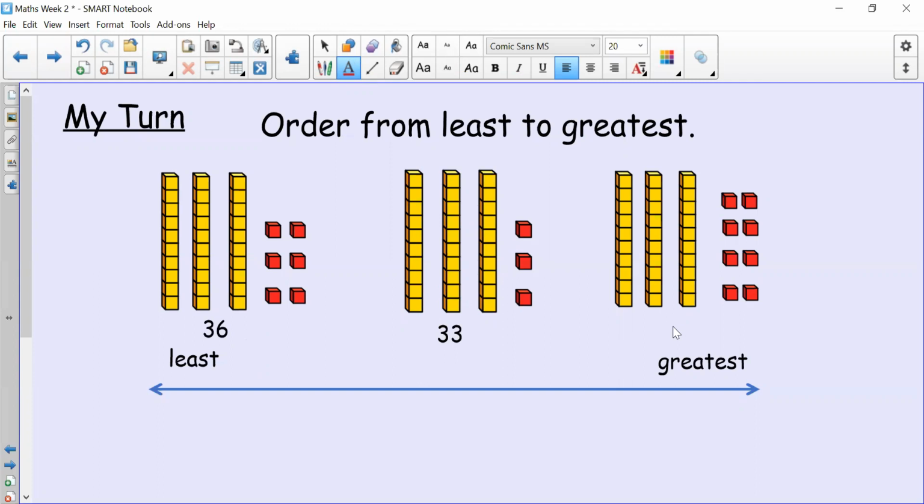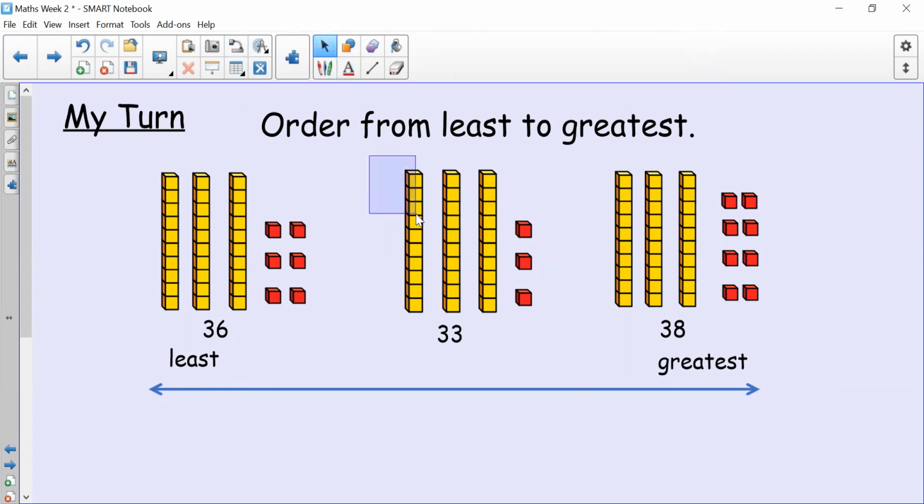And then this representation shows me 3 tens and 8 ones, 38. So comparing the ones then, because we know that the tens are the same in each number, and we're ordering from the least to the greatest, that means that 33 is the least. In fact, I'm going to write that down here.